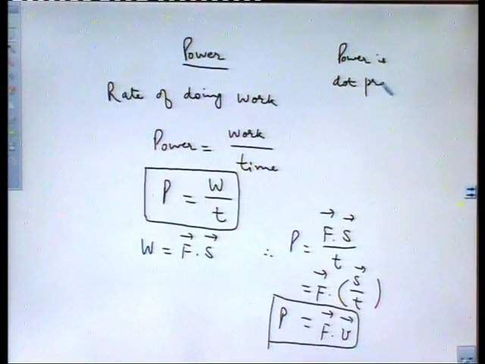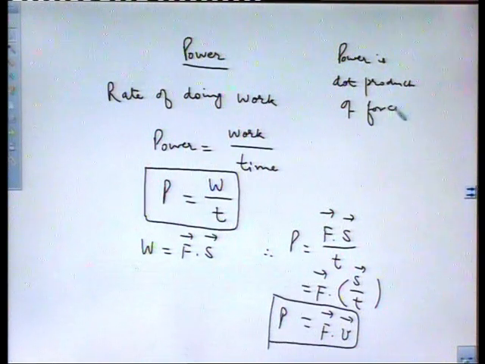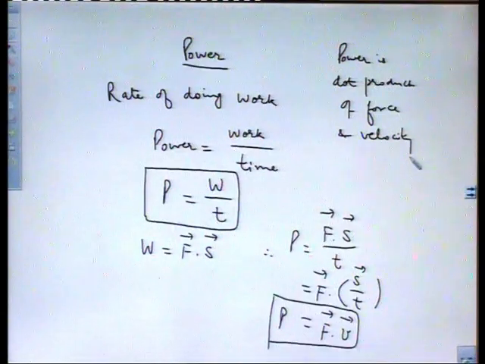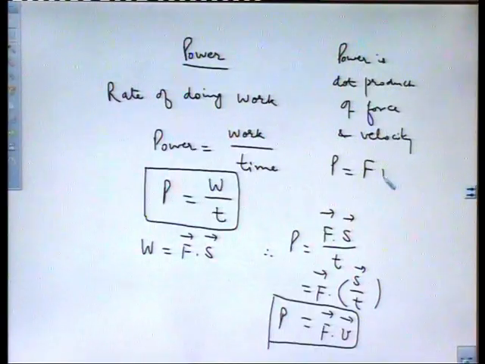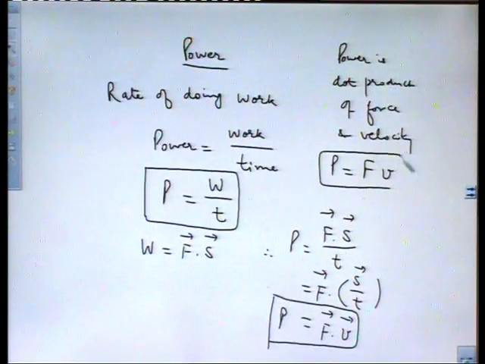Work was the dot product of force and displacement. If force and velocity are in the same direction, then a very important formula for power comes out to be P is equal to F into V.